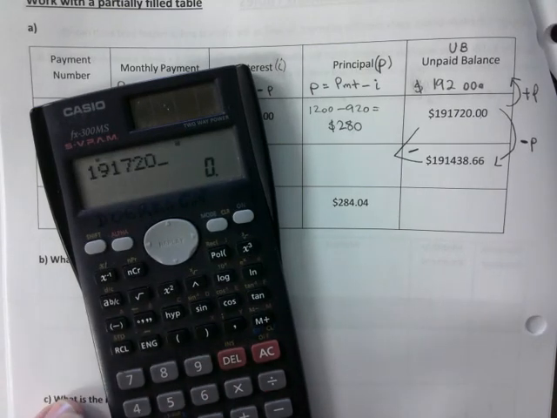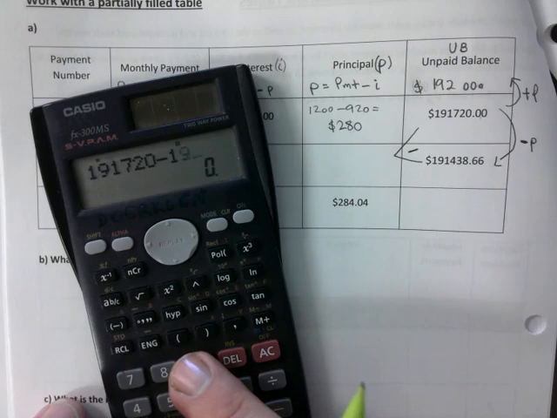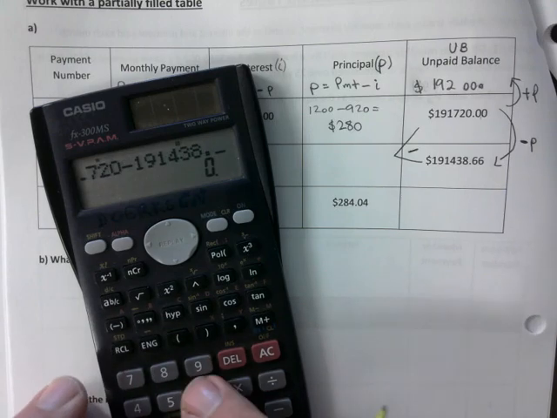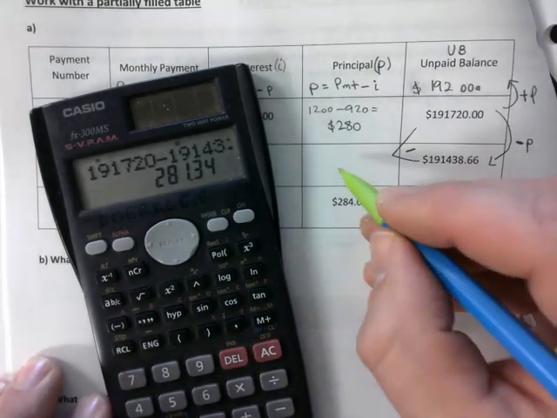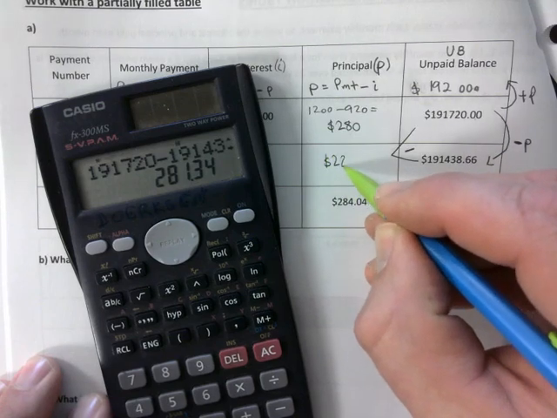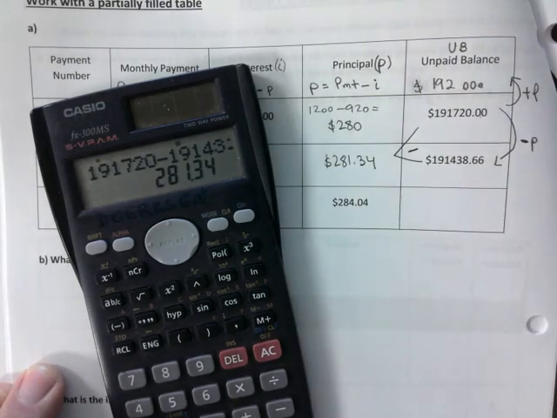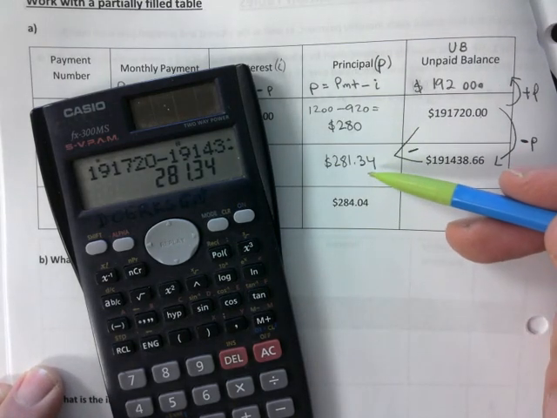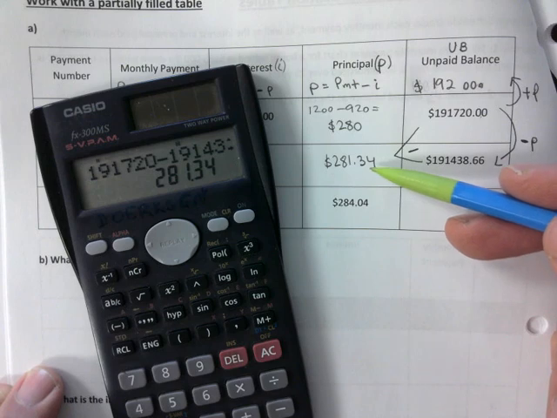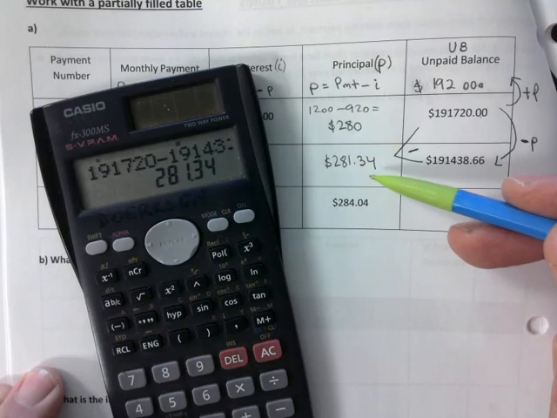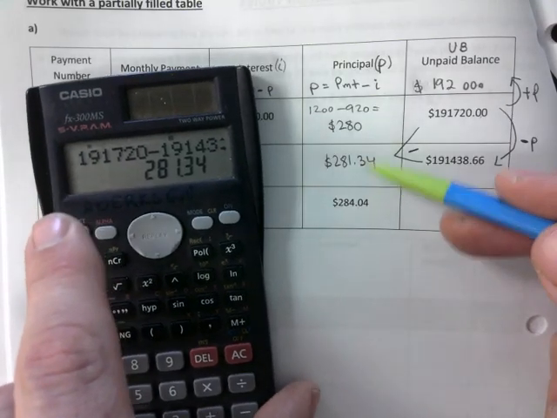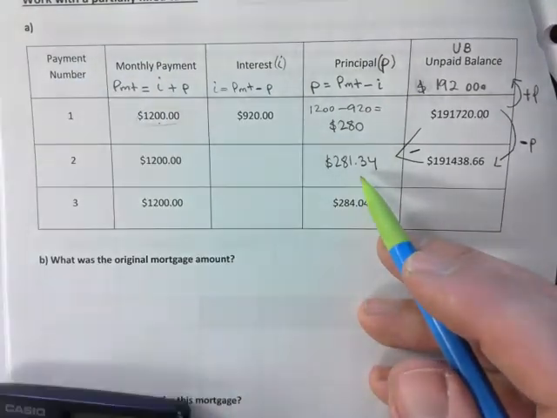191,720 minus 191,438.66. So it's 281.34. Does it make sense that it's a little bit higher? Yes, the principal goes up, because the less you owe, the more principal you're able to pay off.